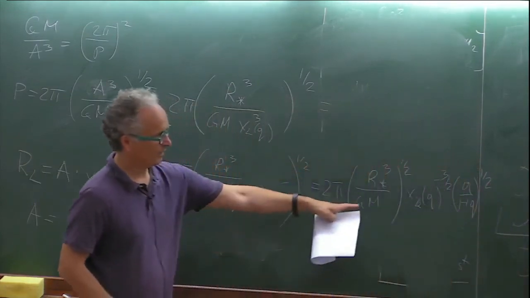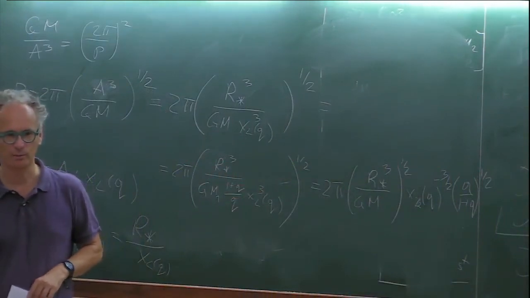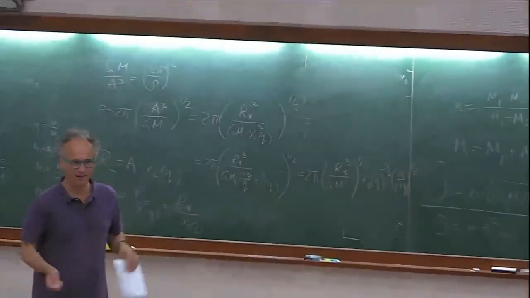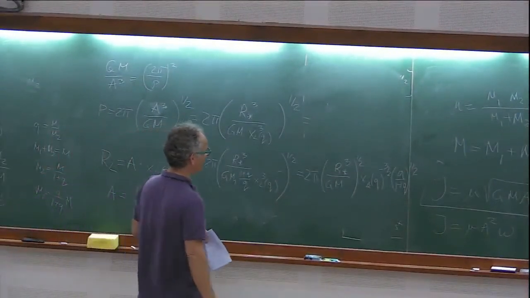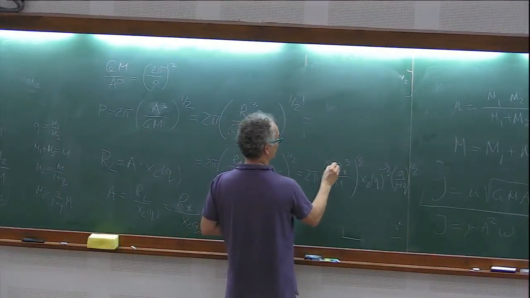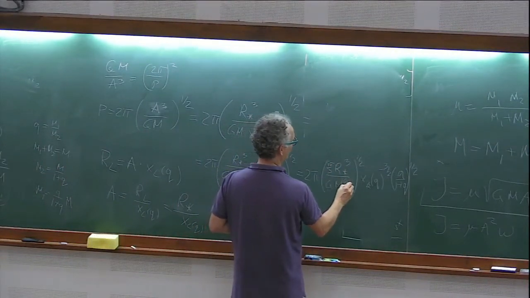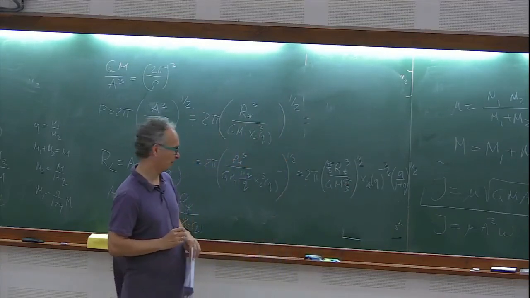But when I see a combination like this, M divided by R to the cube, I cannot resist replacing it with density, because that's just an obvious thing. So I have to write 4 pi over 3 here, 4 pi over 3 here, and this makes me happy.